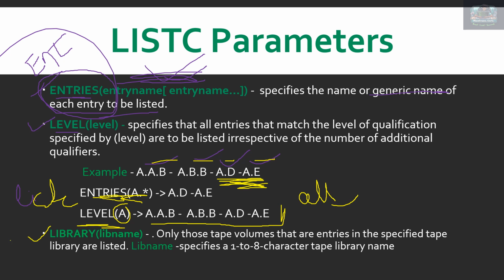If you want to know how many volumes are there, when it got created, and what the attributes of that particular library are, and you just know the library name, then you can simply give the LISTCAT command and view every attribute of that library, like expiry date, retention period, how many days the data set will be there in that tape, everything. You have to mention that library name, and the tape volumes that are entries in that specified tape library are listed. So all the tape volumes and every piece of information about that library will be shown to you.